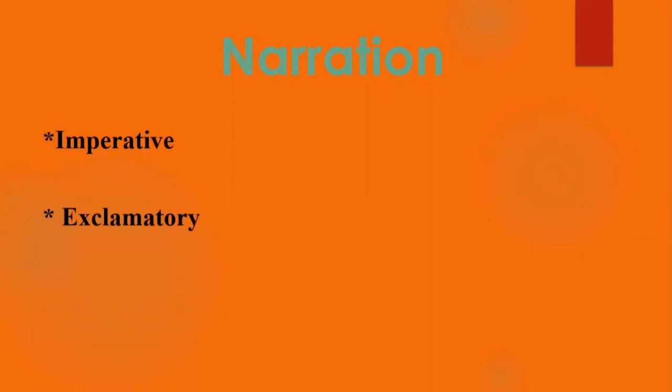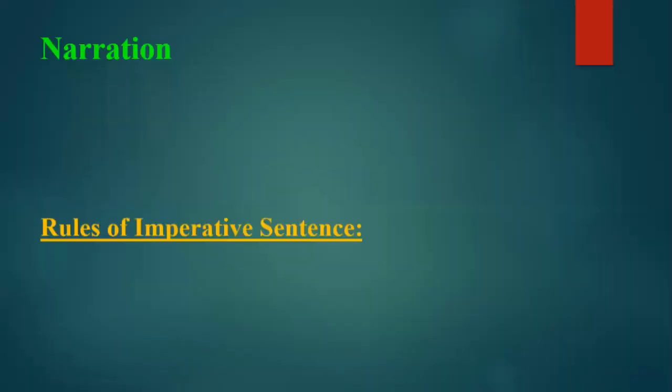We will change direct to indirect in case of imperative sentence and exclamatory sentence. We have already known about imperative sentence and examples, and exclamatory sentence and its examples also. So I think you have understood. Now we are going to change direct to indirect. At first, imperative sentence.